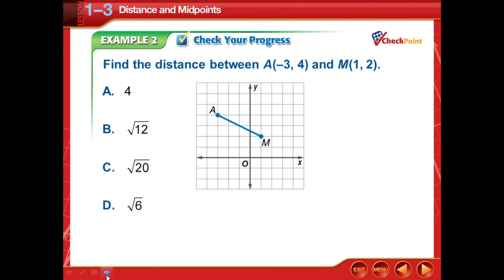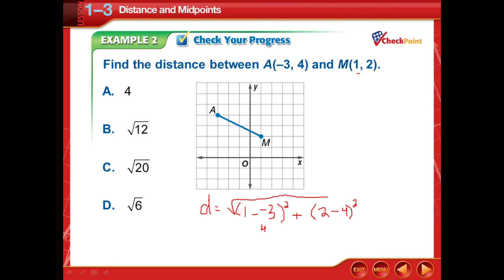Here is an example for you to try. If you are going to do this problem, you would substitute it in. x2 is 1. x1 is -3, and then you square that, plus 2 minus 4 squared.